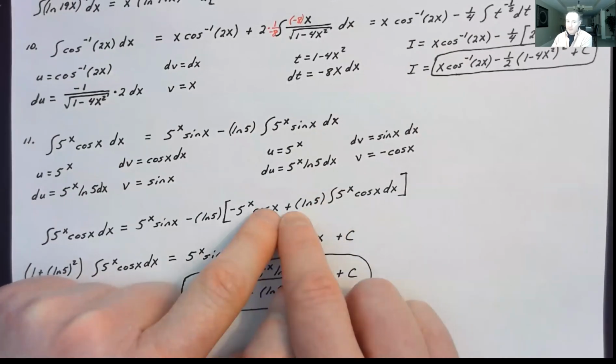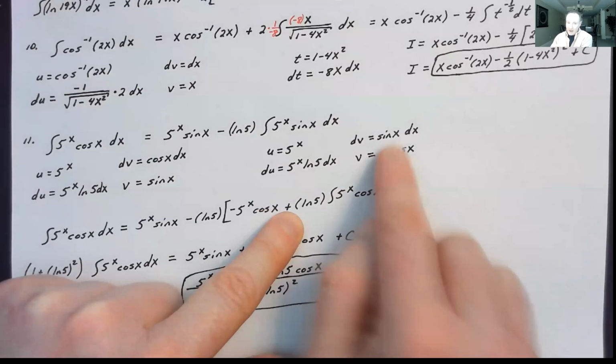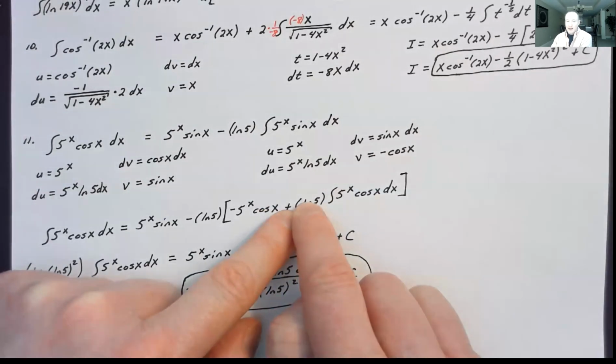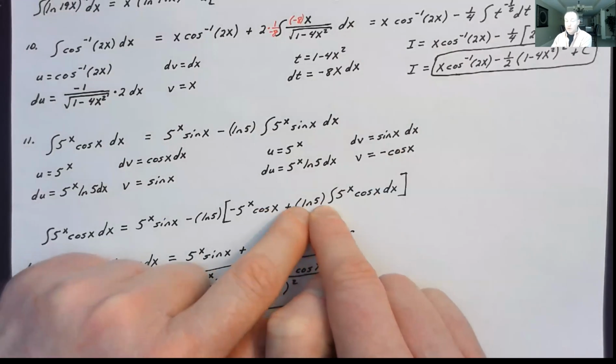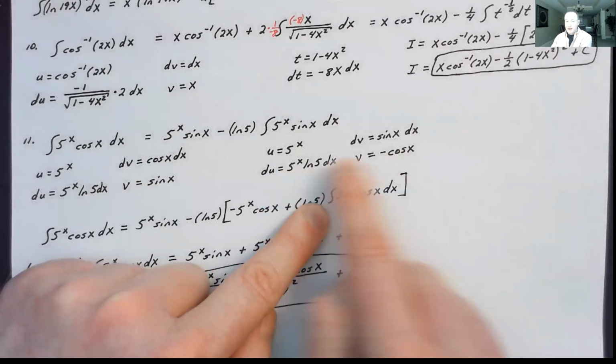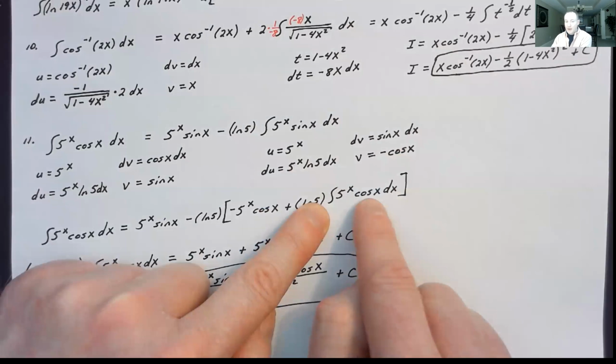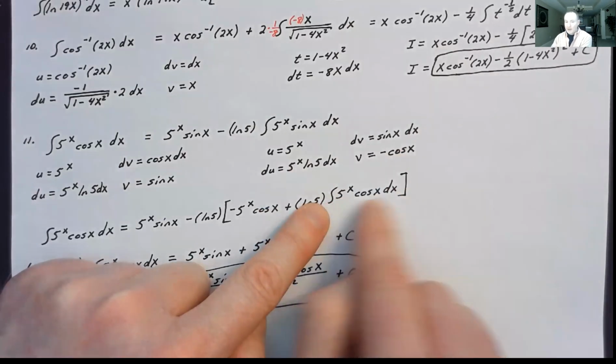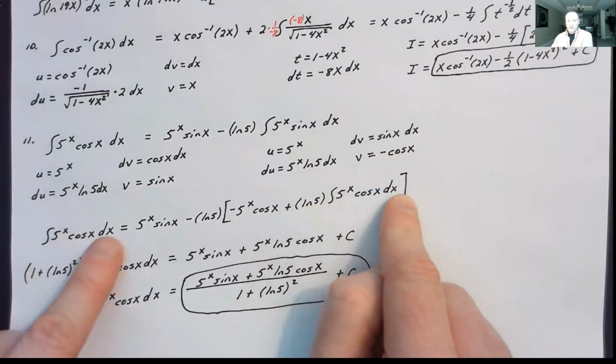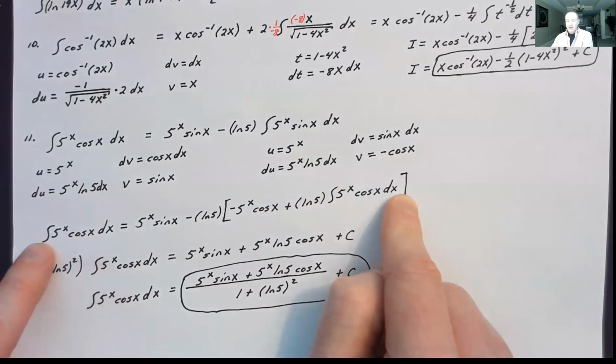Well, you notice I went ahead and put a plus because I factored that negative out, and I also factored out the factor of the natural log of 5. And when you do that, you'll have the integral of 5 to the x cosine of x dx left in there. As soon as I get to that point, I can say, that's the same thing as the integral on the left-hand side.